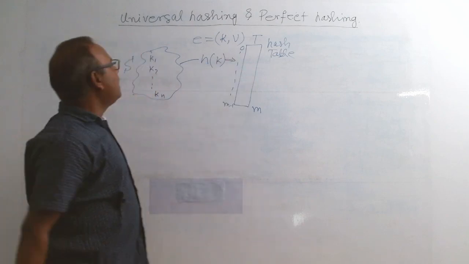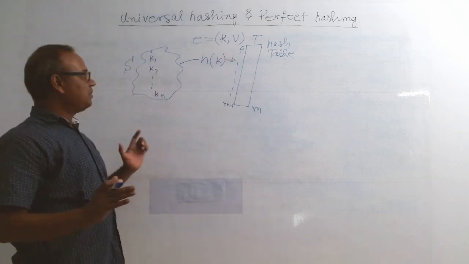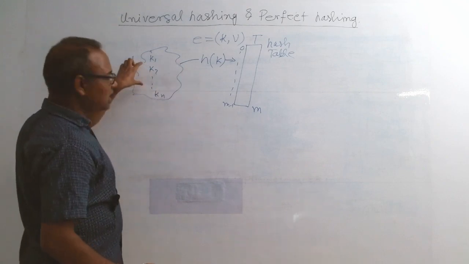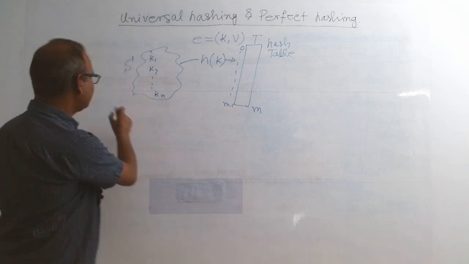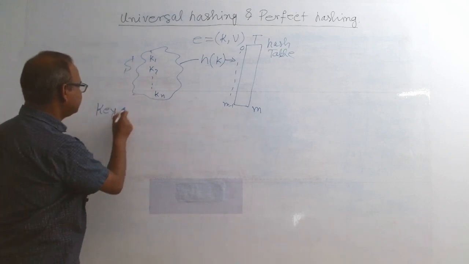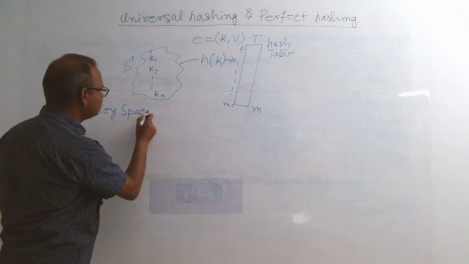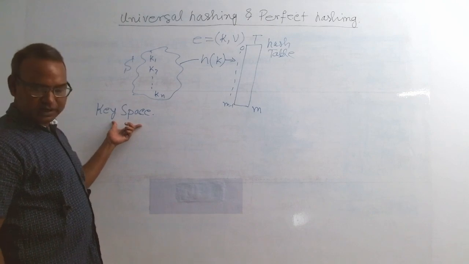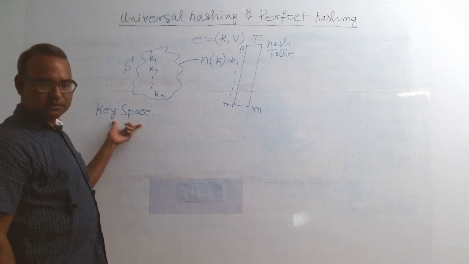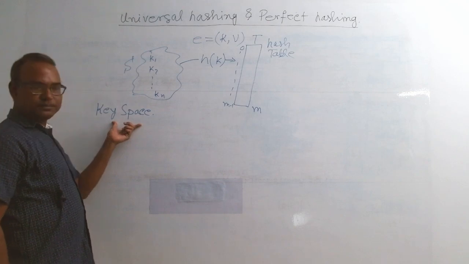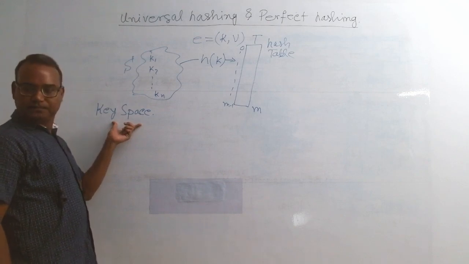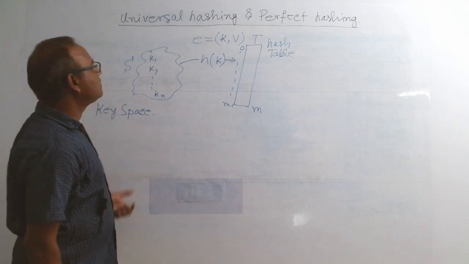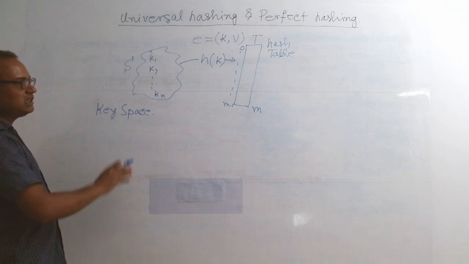Now to understand this function better, we first have to understand the key space. How many possible keys are there in the key space?